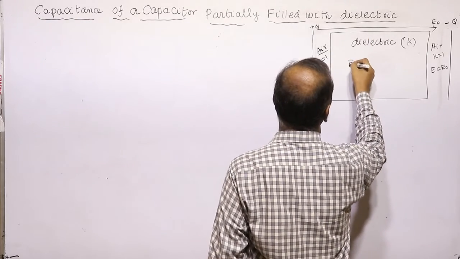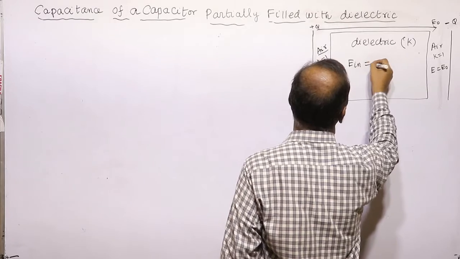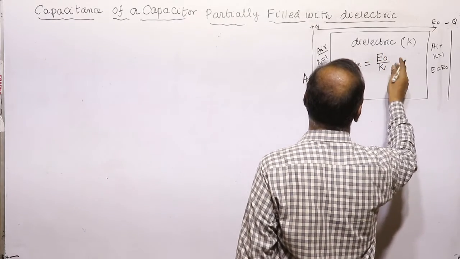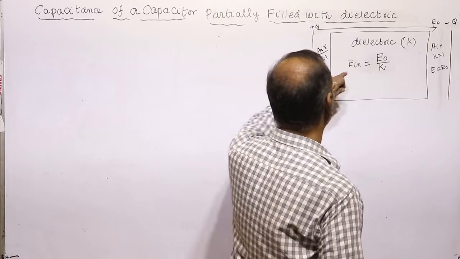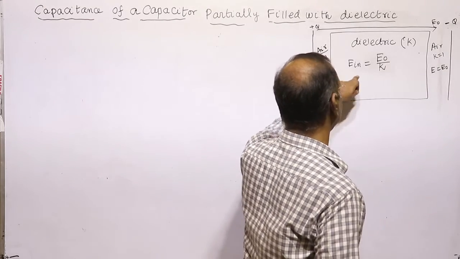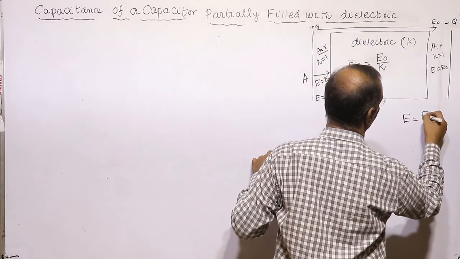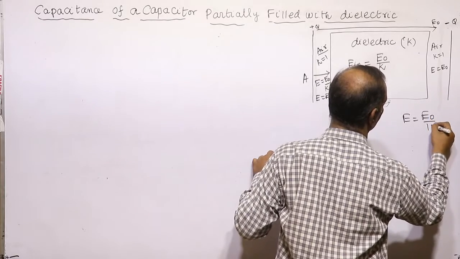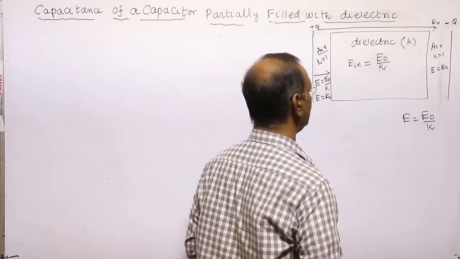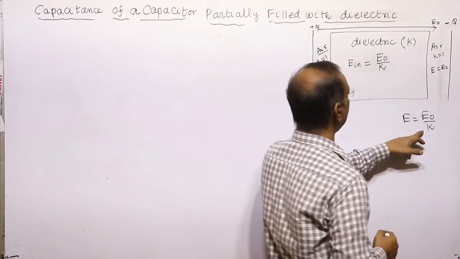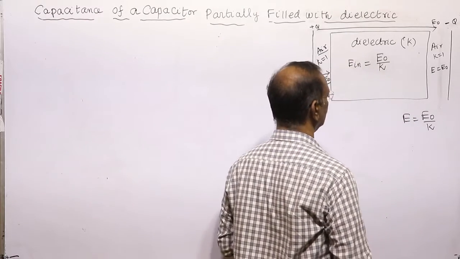So the electric field inside the dielectric is equal to the applied electric field divided by the dielectric constant. If K is equal to 1, this will become E naught. If K is equal to K, this will be this one.